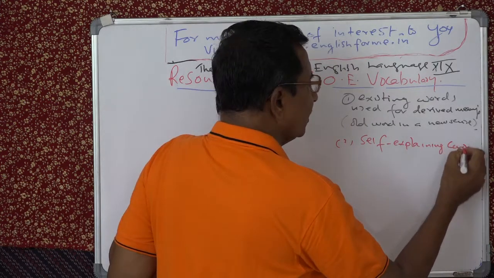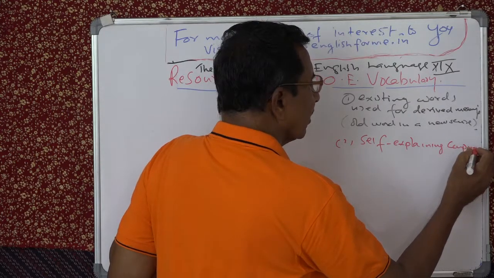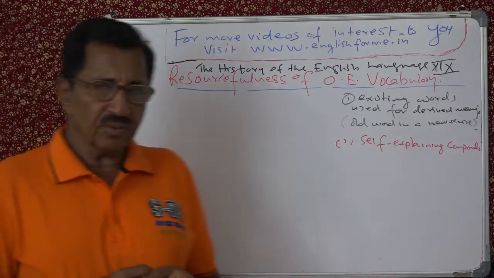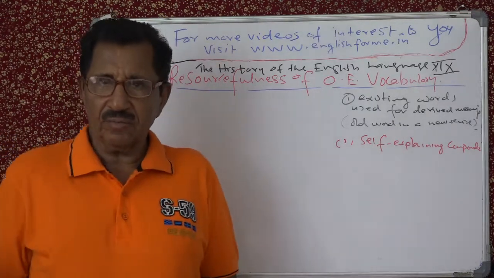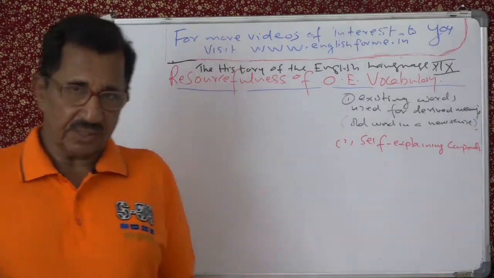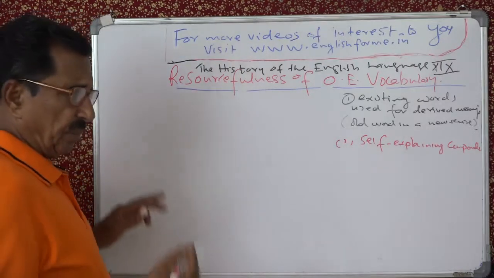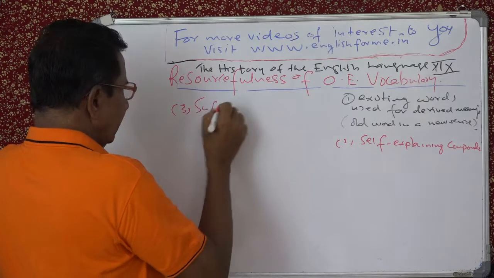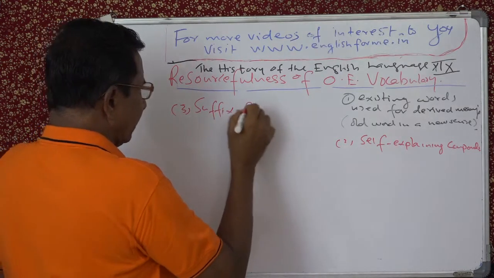Understand? Compound means two words put together. Now there is a third method that you use, as in modern English you have suffixes and prefixes. What you call suffixation, third. Use of suffix and prefix.